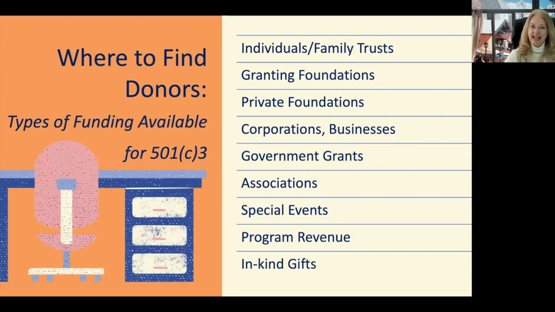That's something that it asks you on the 1023. And your program revenue is another place that you're able to get income, because you can charge for your program. And then if you have people who may need help, you can give scholarships. You can have donors give money for scholarships to help those people who may not be able to afford the program cost.